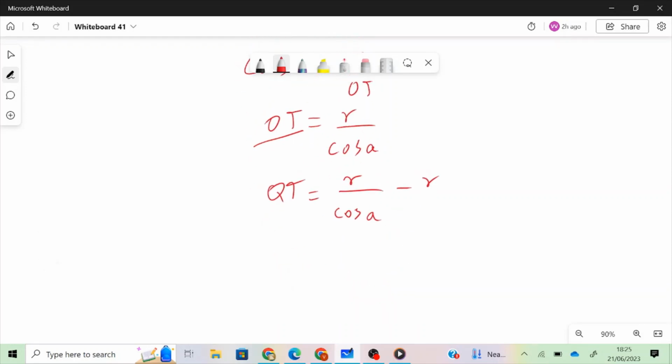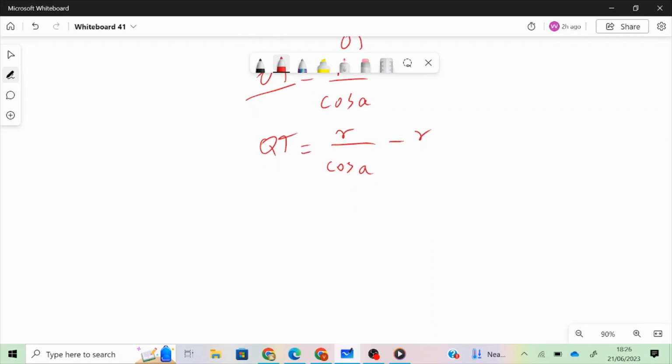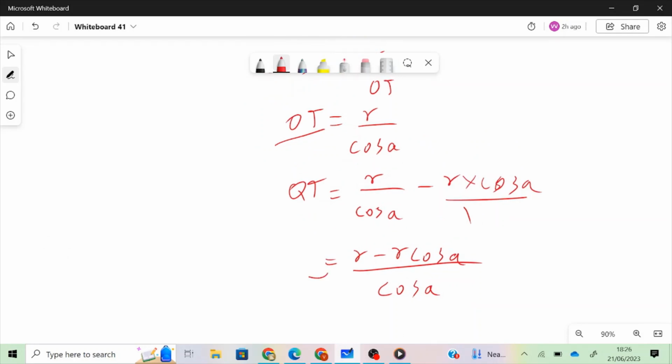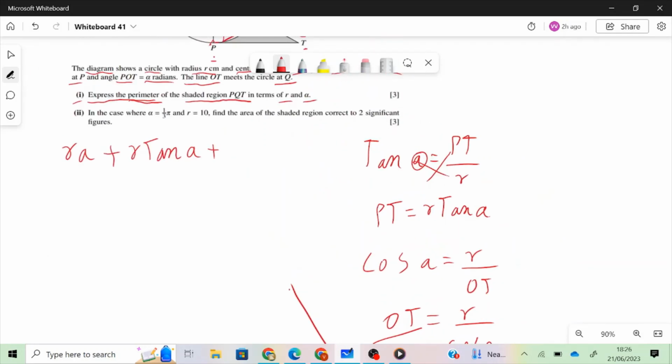Now if you want, you can leave your answer like this for this particular part, or you can put them under a common denominator, so you have R minus R cos alpha over cos alpha. What I simply did was I multiplied this by cos alpha, since this is over 1. So you can take this back up to our answer right over here.